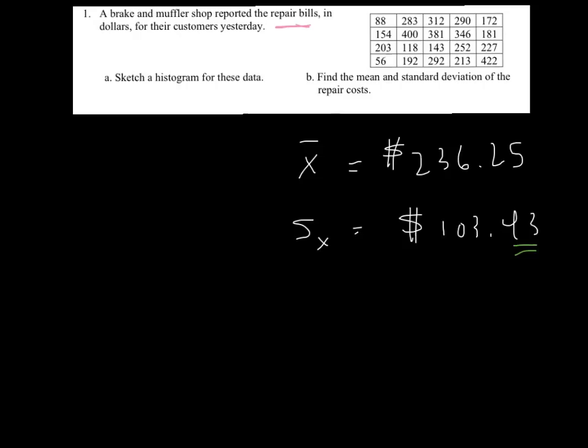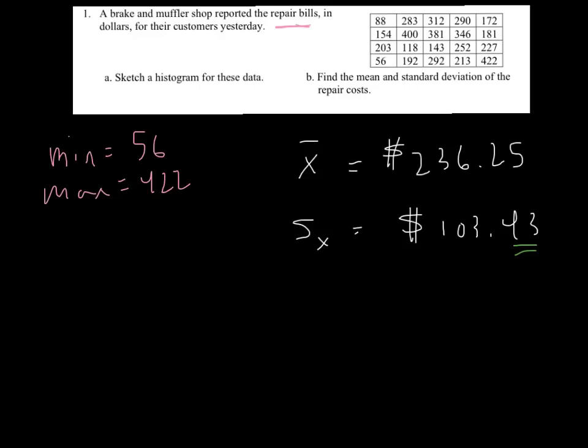Now hit Stat and take a look at your values. I could have also just gone with the one variable stats that I just created and looked for the same exact thing, which is the min and the max value. The smallest value that I have, my min value, is equal to 56, and my max value is equal to 422.